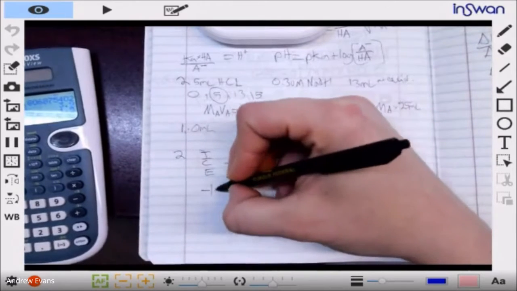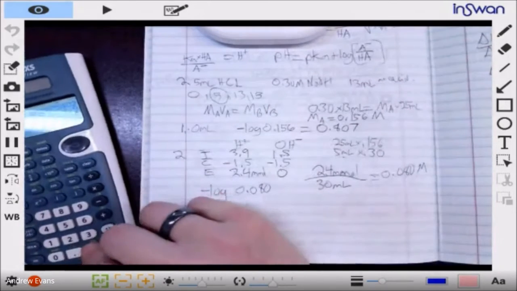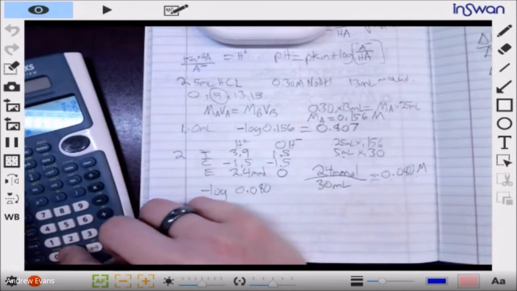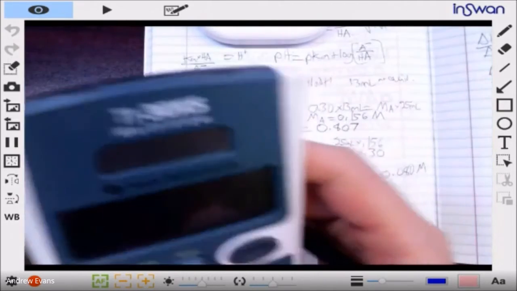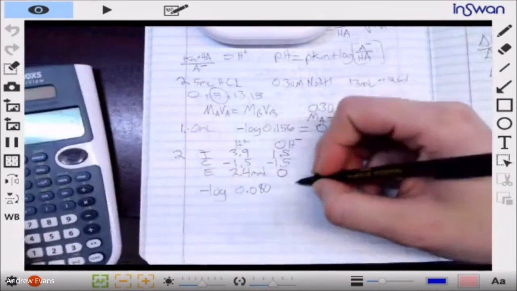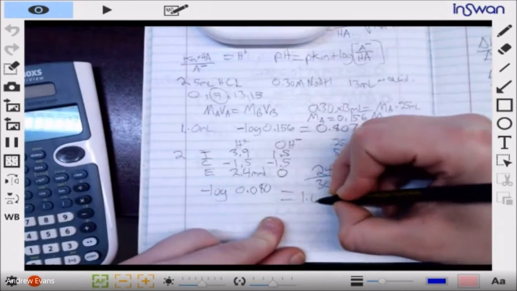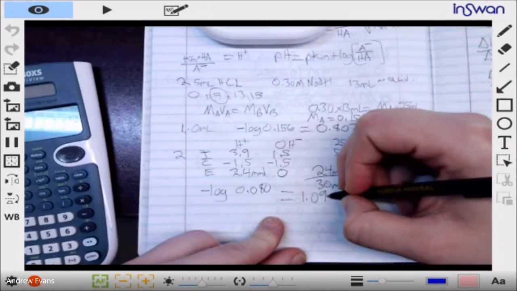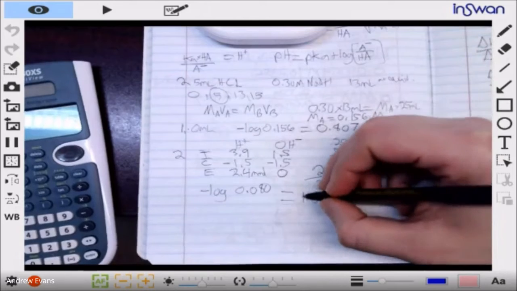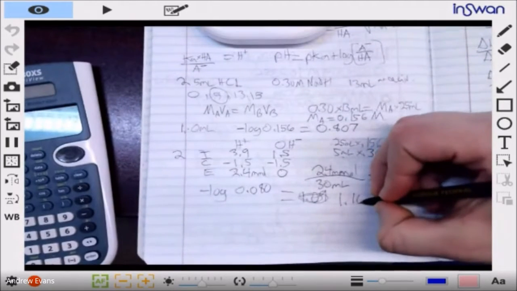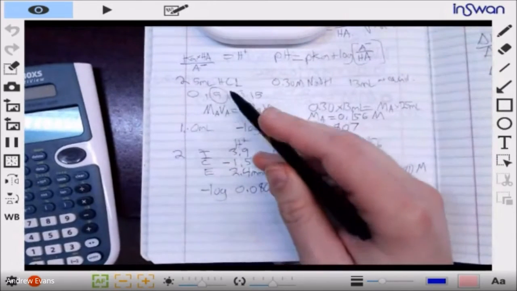Then we take negative log of 0.080, and that would give us our pH. Our pH has gone from 0.807 to 1.10.